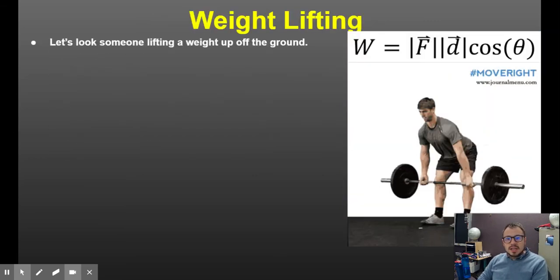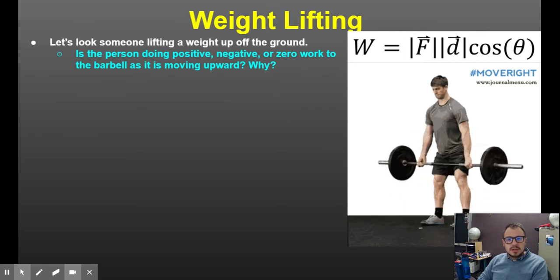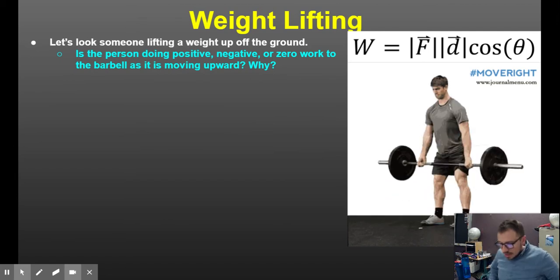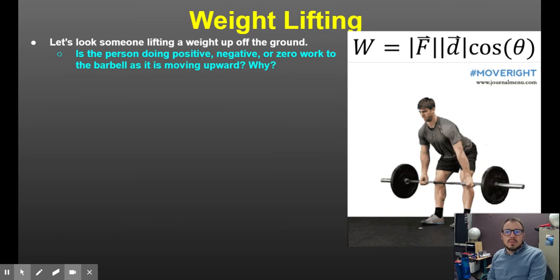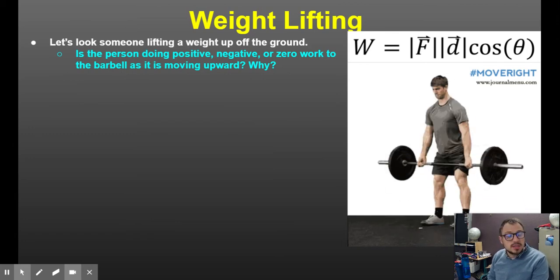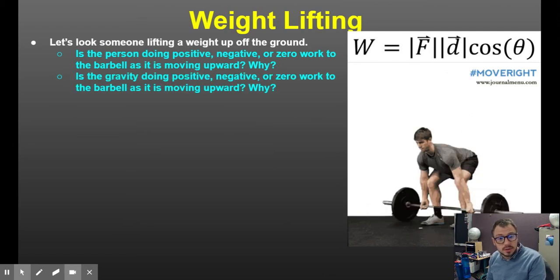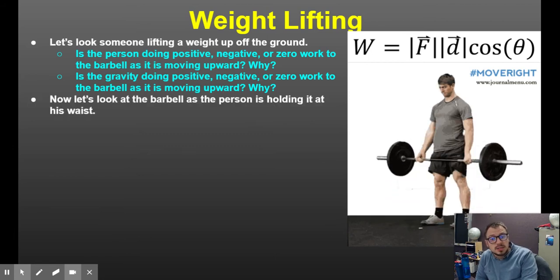So let's talk about lifting an object, right? If someone is lifting a weight up off the ground, you're going to have a couple of different forces acting on it: gravity and the applied force by that person. The person is going to be doing positive work because it's moving up and that person is applying a force upward. Gravity would be doing negative work because gravity is applying a force down and it's moving up, opposite directions.